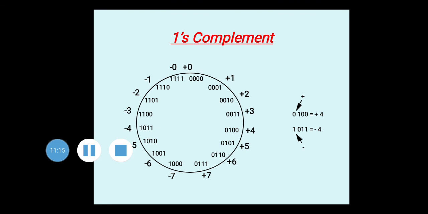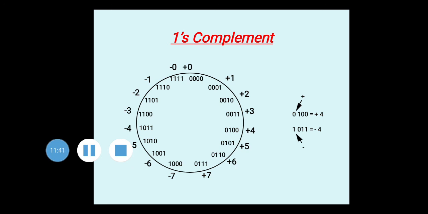In this chart you can also see one example which is given here, +4. +4 is written as 0100 in the 4-bit system. So its ones complement is, you have to replace zeros with 1 and 1 with 0. So MSB bit 0 becomes 1, then 1 becomes 0, then the next 0 becomes 1, and again 0 becomes 1.